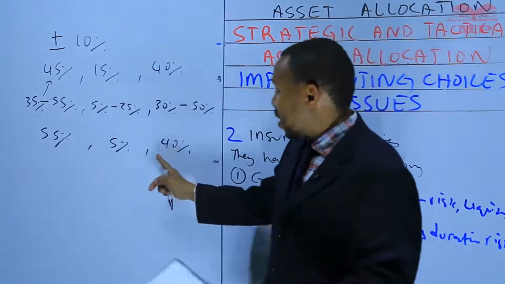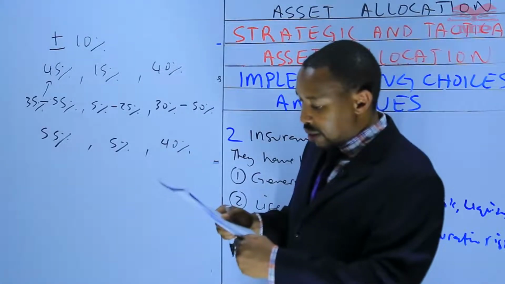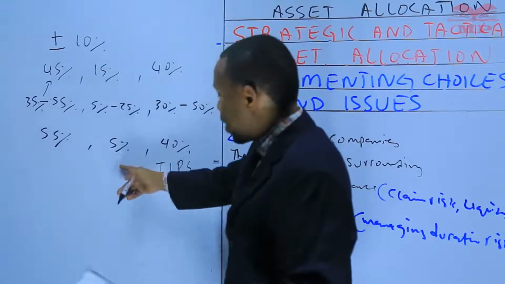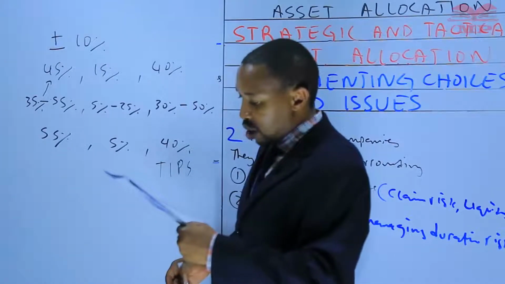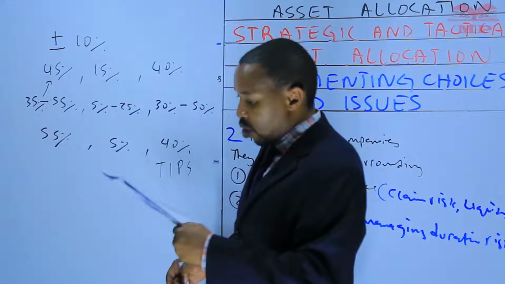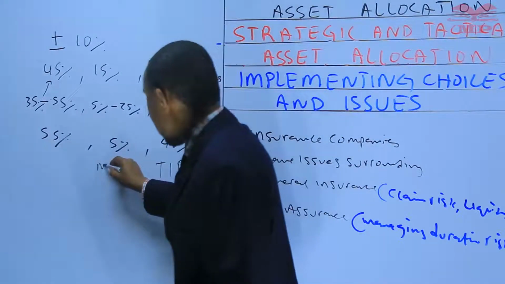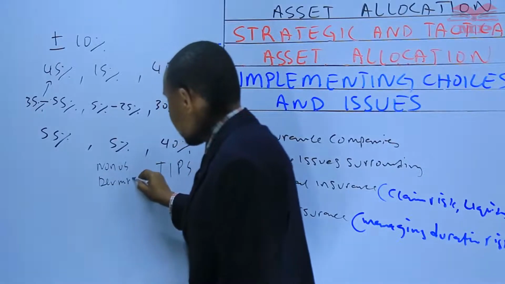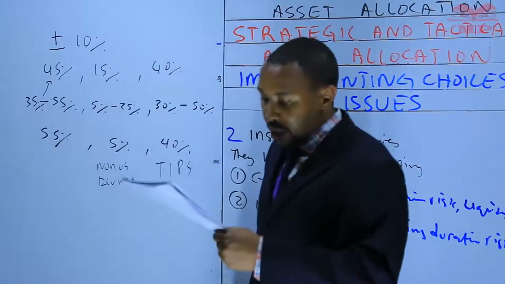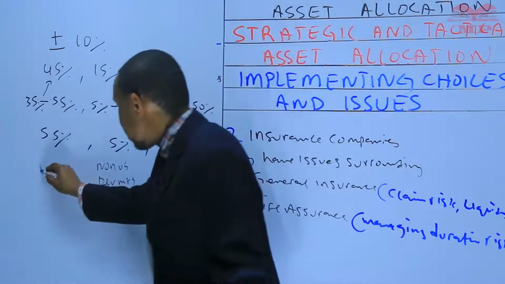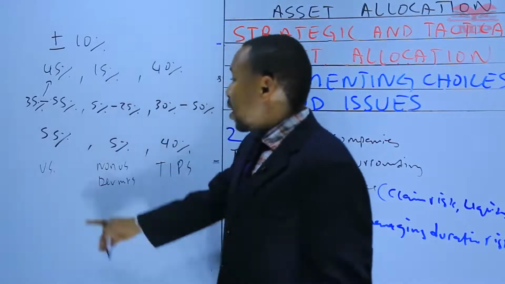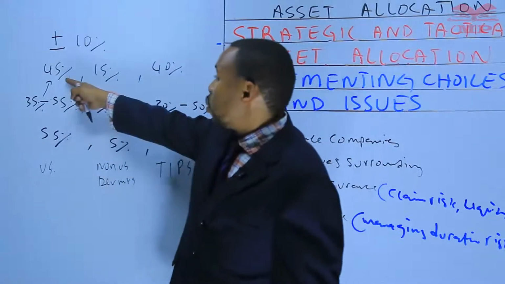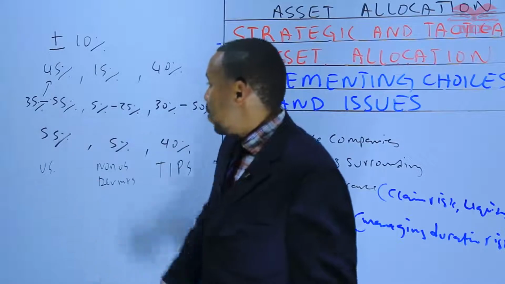So the allocation over here was towards the US TIPS, Treasury Inflation Protected Securities. Here the allocation was towards non-US developed markets. And over here, of course, is the US equities. So he believes that the market is going to outperform. It's based on his inner perception. So he increases the allocation from 45% to 55%.